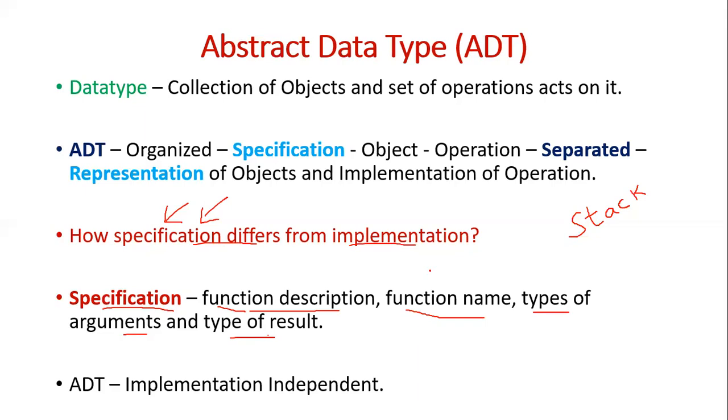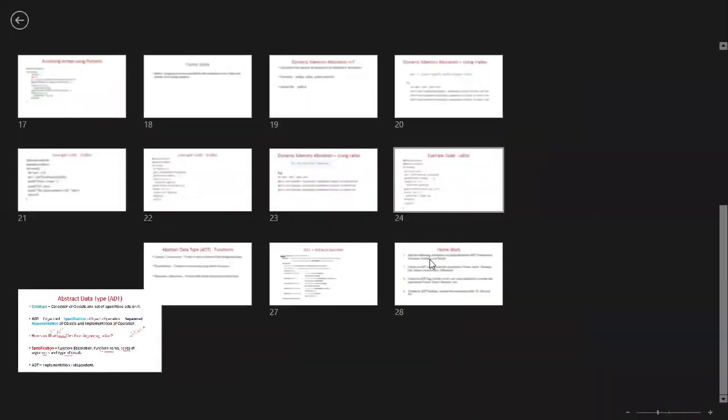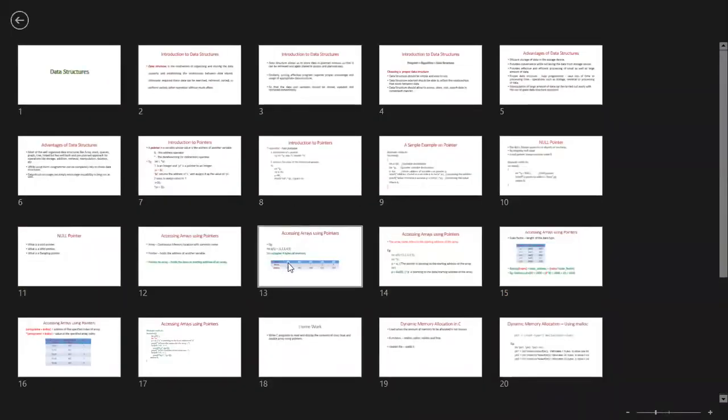That is, whatever data you push into the stack last will be the one which comes out first. Okay, and whatever data you pushed first into the stack will be the one which comes out last. So this is the function description for the stack data structure. Okay.